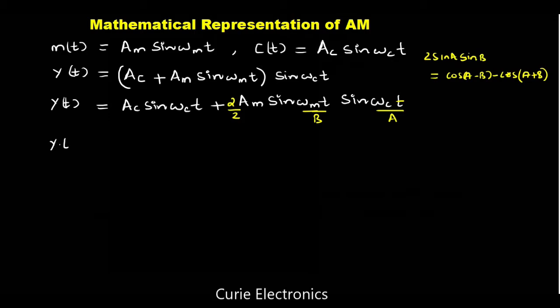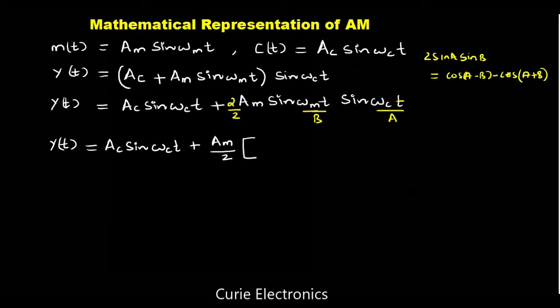So y of t, that is the amplitude modulated signal, equals the same AC sine omega c t plus AM by 2, I will keep it outside. Now what is remaining? Remaining is 2 sine omega m t sine omega c t.